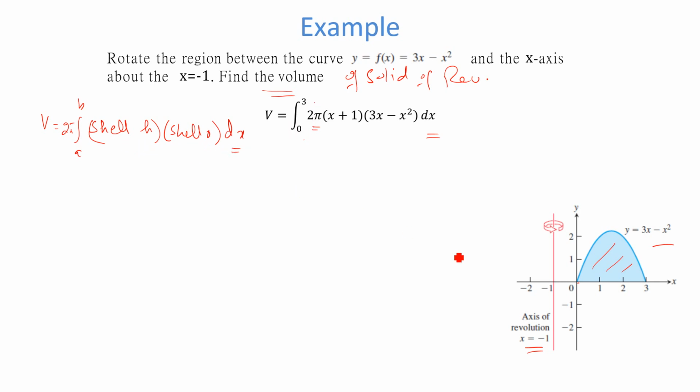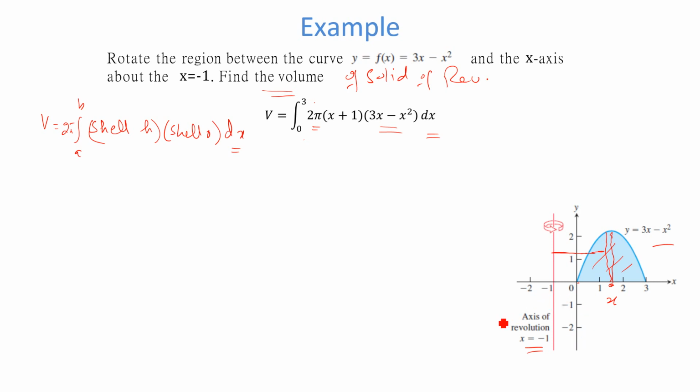Now what about the shell height? Shell height is the value of the function. This is how we will draw the rectangle. So the shell height is the value of the function, which is 3x minus x squared. And what is the shell radius? This is the distance of this rectangle from this line. Let this point be x, and this point is minus 1.